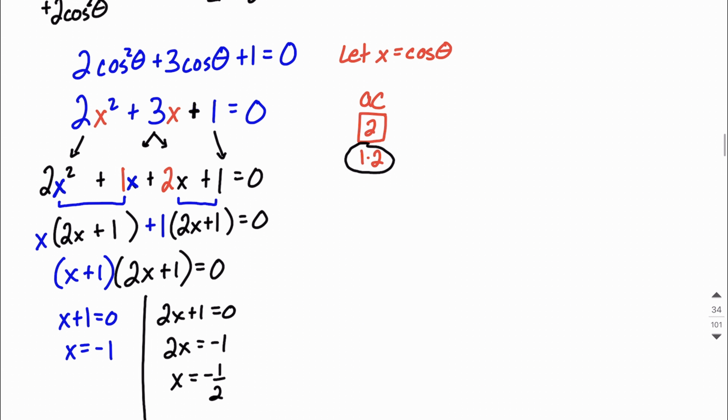Remember our original equation? It had cosine of theta involved. We didn't have any x's involved, and we made up x as we went through this with this let statement up here at the top. So what we want to do is get theta back involved in our problem. We're going to go back and replace each of our x's with cosine of theta, from that let statement.